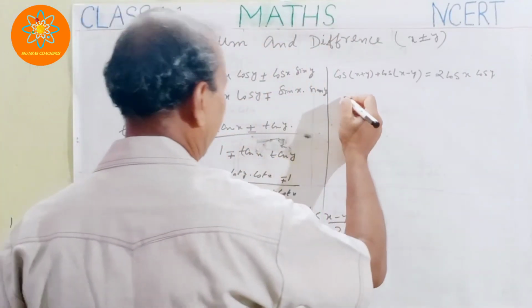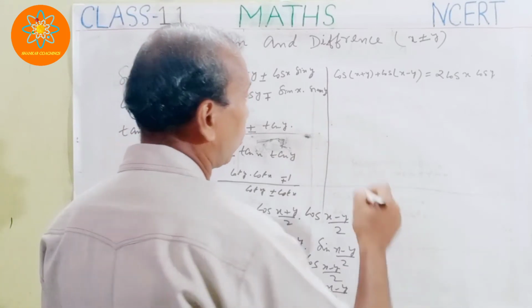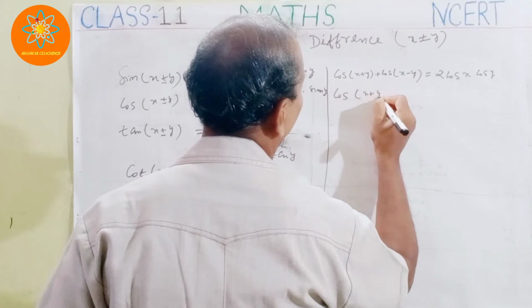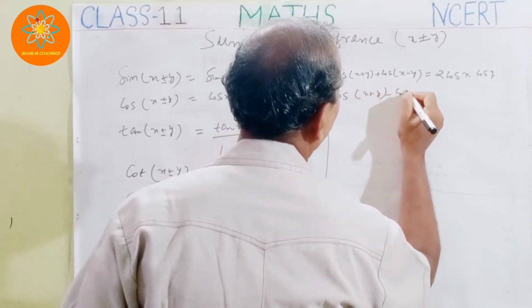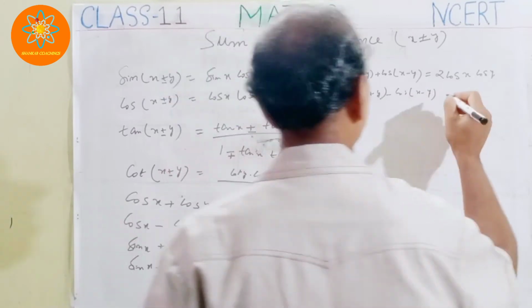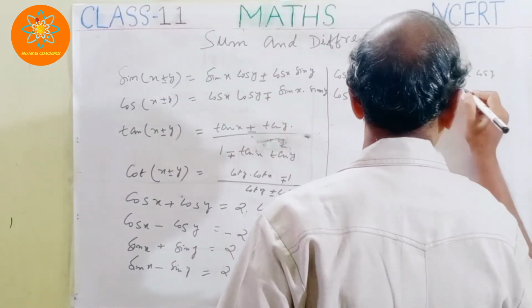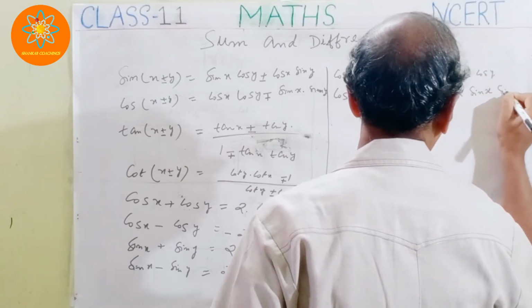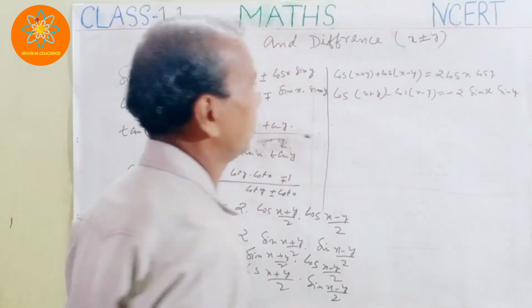If I take cos (x plus y) minus cos (x minus y), this is equal to minus 2 sine x sine y.